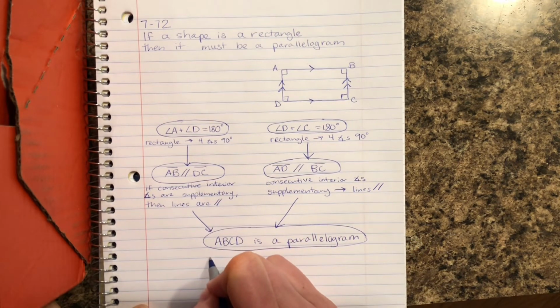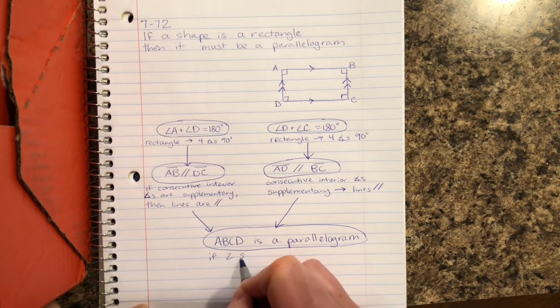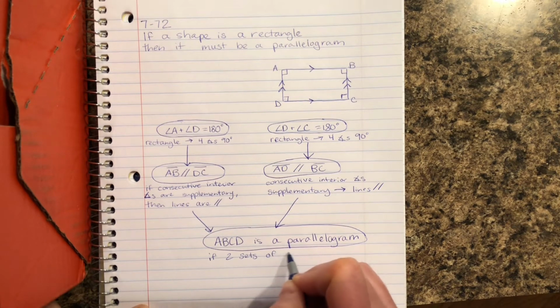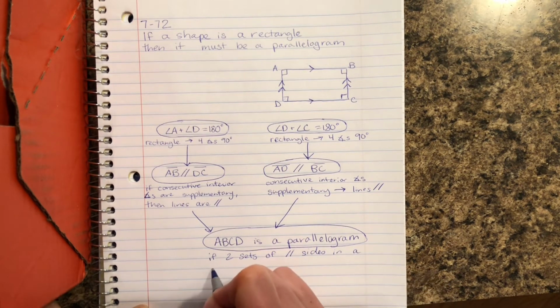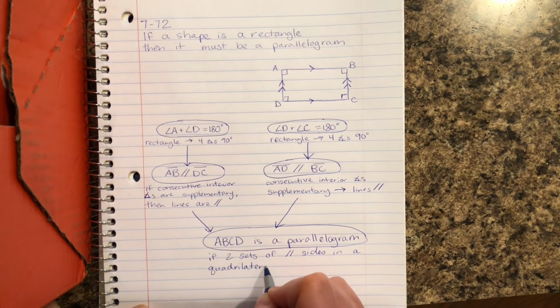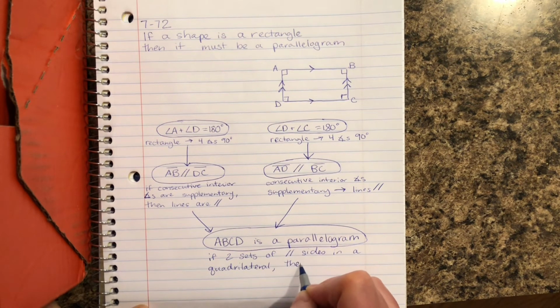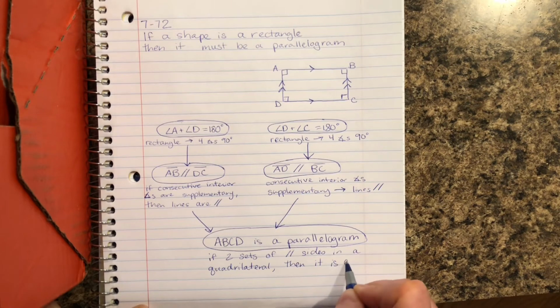If 2 sets of parallel sides are in a quadrilateral, then it is a parallelogram.